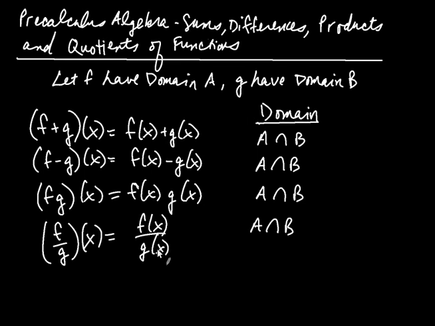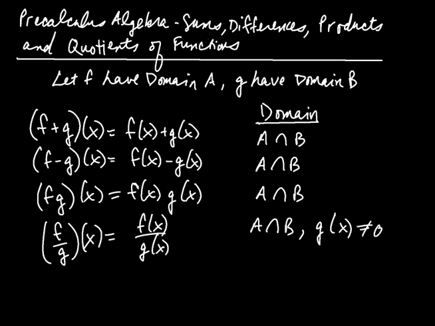And we don't want that, right? We don't want an input where g gives the value of 0, because then the denominator of this fraction will be 0. So what we say is, not only do you want everywhere f and g are defined, you also want to make sure that g of x is not equal to 0. So you have to exclude any numbers that cause g to be 0. Even if g is defined there, g is not allowed to be 0 for this quotient to be defined.